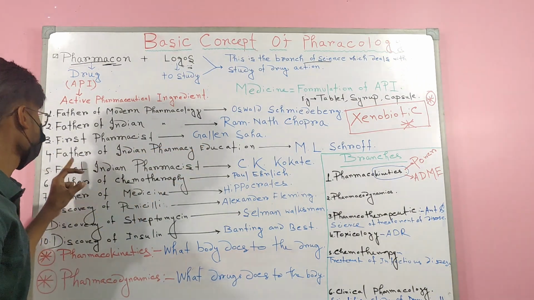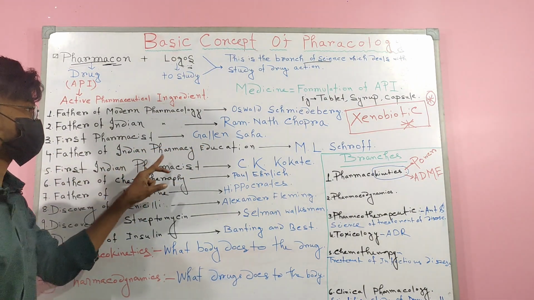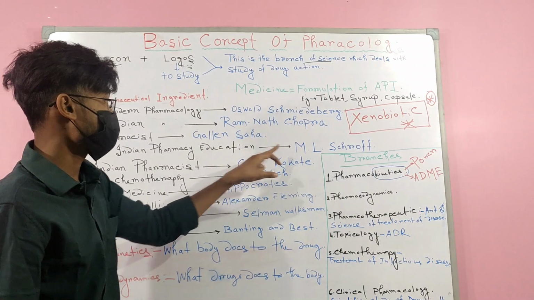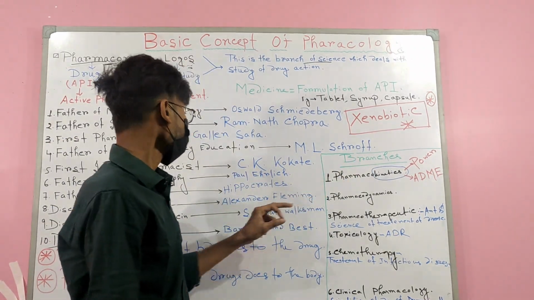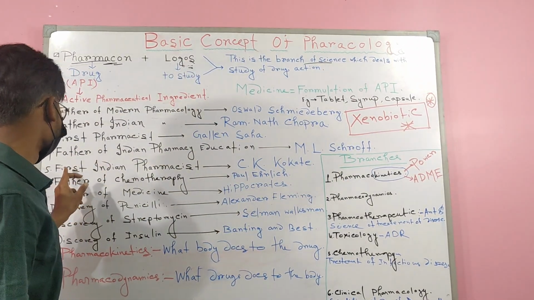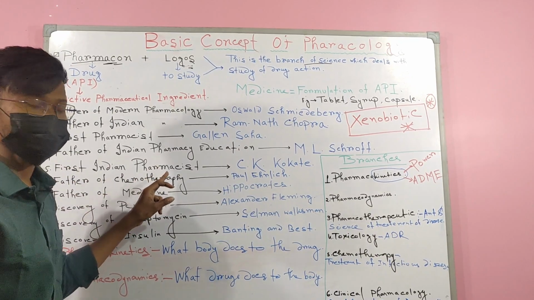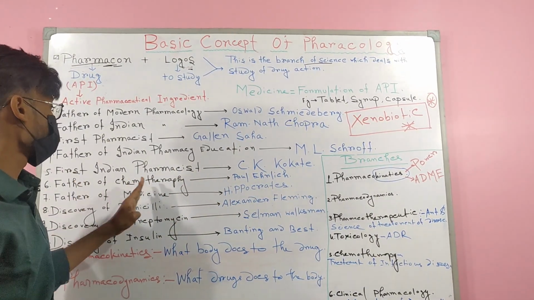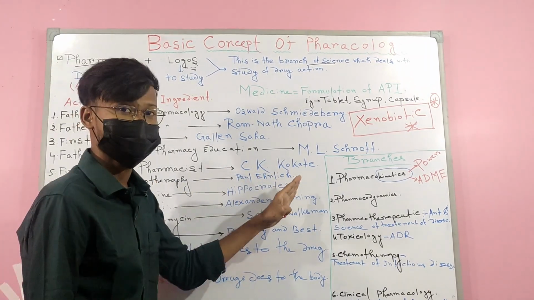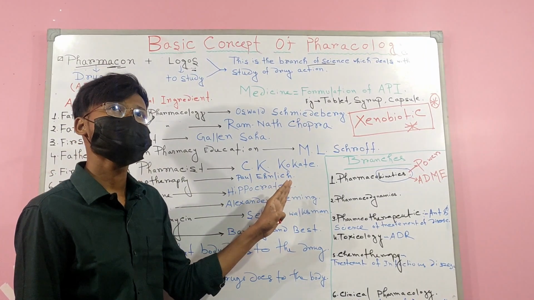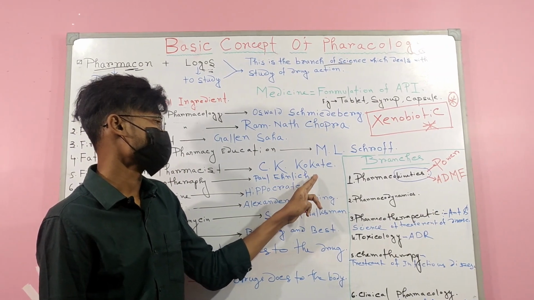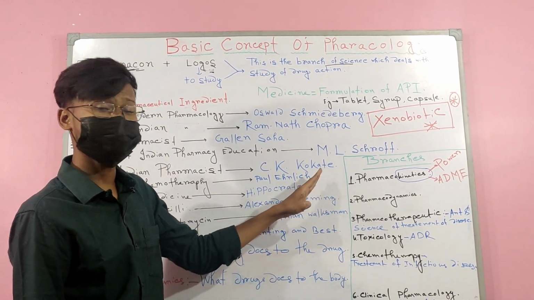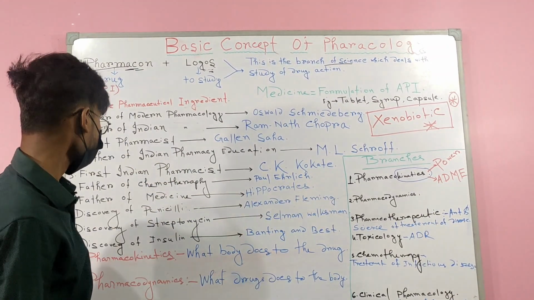Fourth, father of Indian pharmacy education, Mahadeva Lal Schroff, sir. Then first Indian pharmacist, C.K. Kokate, sir. Then father of chemotherapy, Paul Ehrlich. And Paul Ehrlich, sir, also gave us the magic bullet concept. This is also very important.